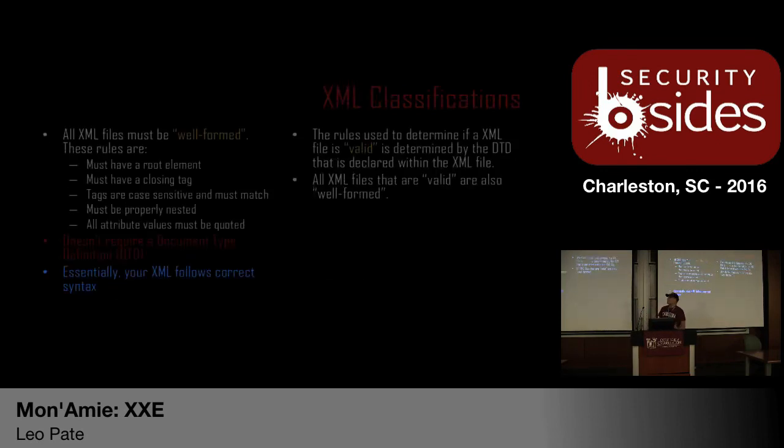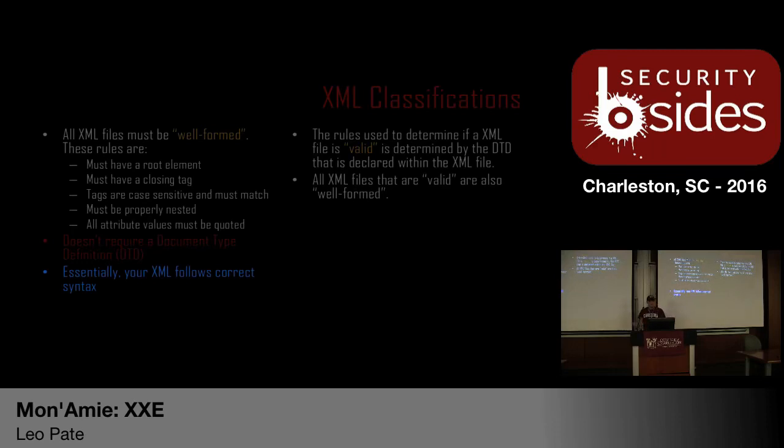To understand XML, there are two classifications. XML files are either well-formed or valid. If they are valid, then they're also well-formed. The rules for well-formed are: they must have a root element, so there must be a thing that this whole XML file is. It must have a closing tag, so start and close. Tags are case sensitive and must match.